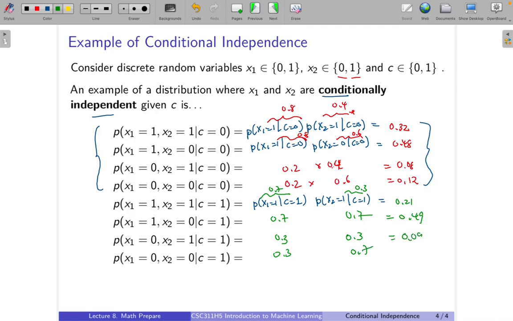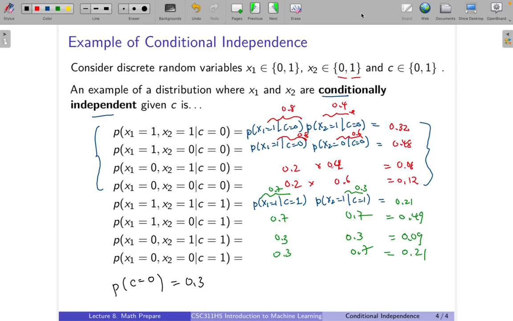And here I'll get 0.09 and 0.21. There's one other value that I need to specify, which is the probability that C is equal to 0, and let's say that's going to be 0.3. Okay, so that's all good so far.